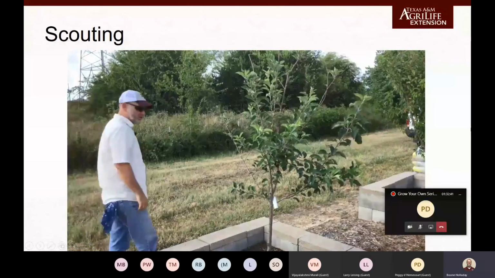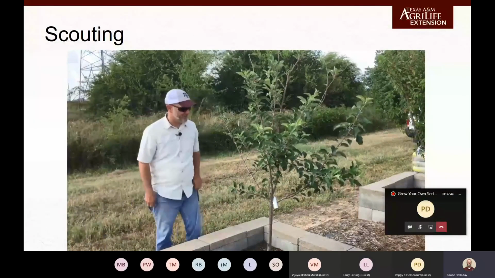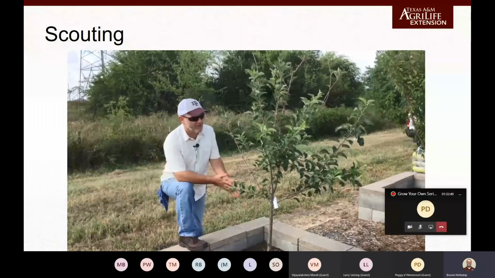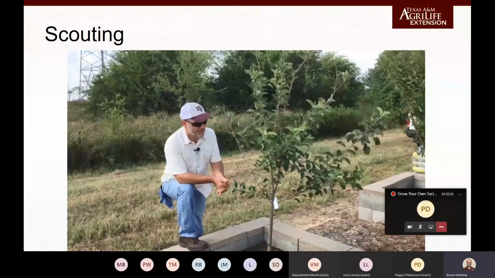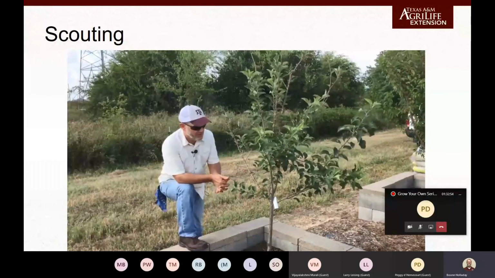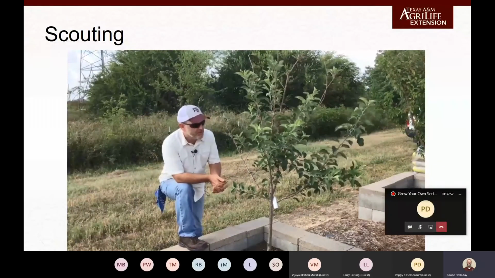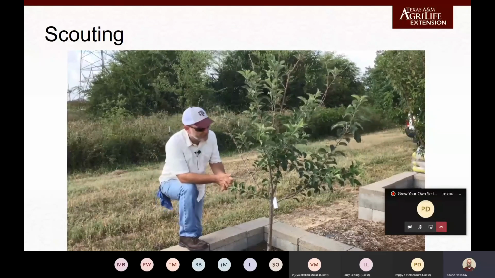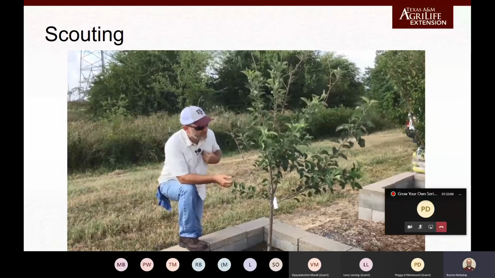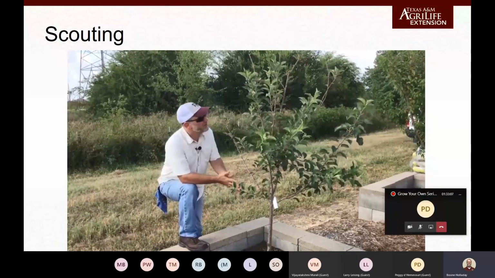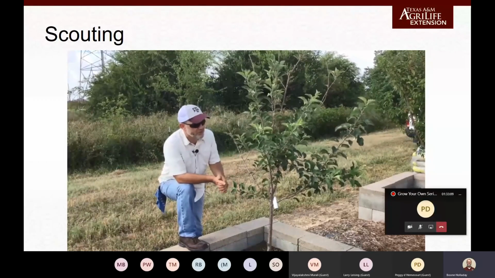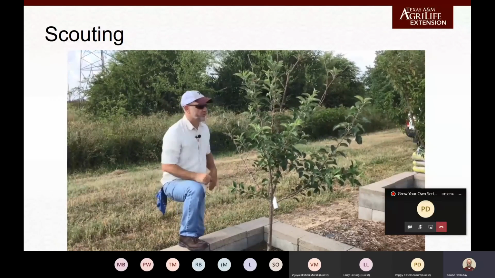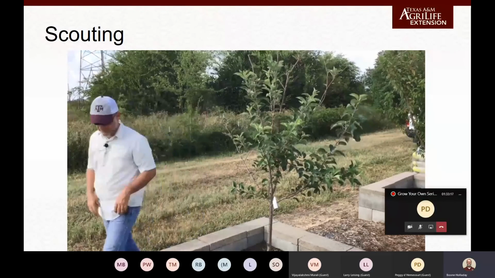Okay, what we're looking at here is a young apple tree, and we have been trying to pick some varieties of apples that will grow well for us here in Southeast Texas, and we just haven't found one that's great, but we're going to keep trying. And we've got a couple apple trees here in the garden, and Karen with the garden asked me to look at this and said she noted some black spots or dots on the leaves and it looked like an issue potentially.